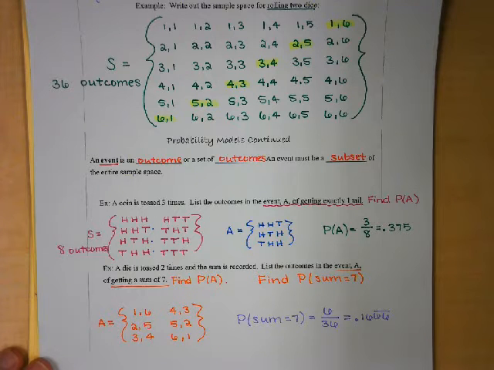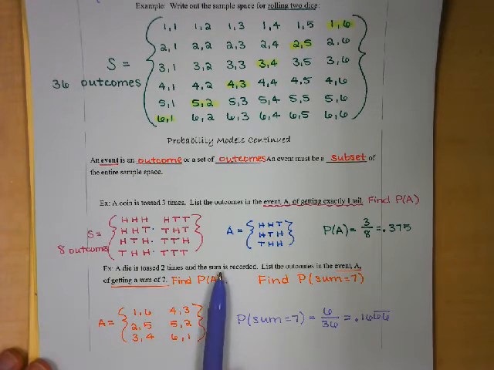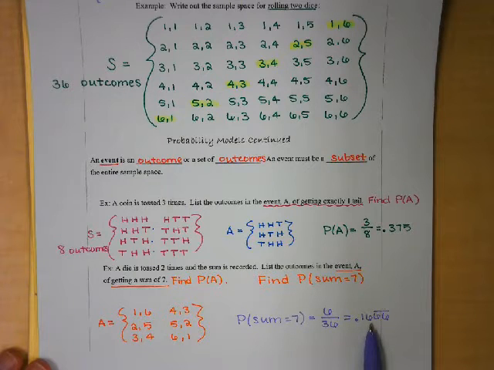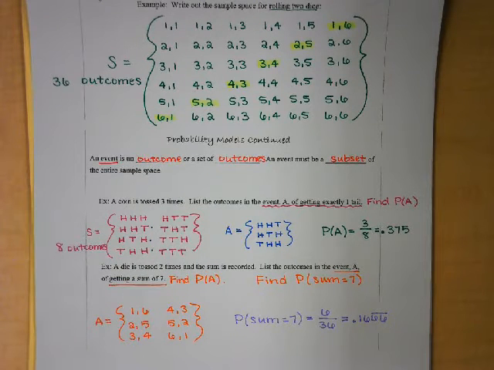So again, if we were to think about what that means in words, if we were to roll a dice 2 times and record the sum, or add the 2 numbers together, the probability that they would add to 7 would happen about 16.666% of the time. Any questions before I flip to the next page?